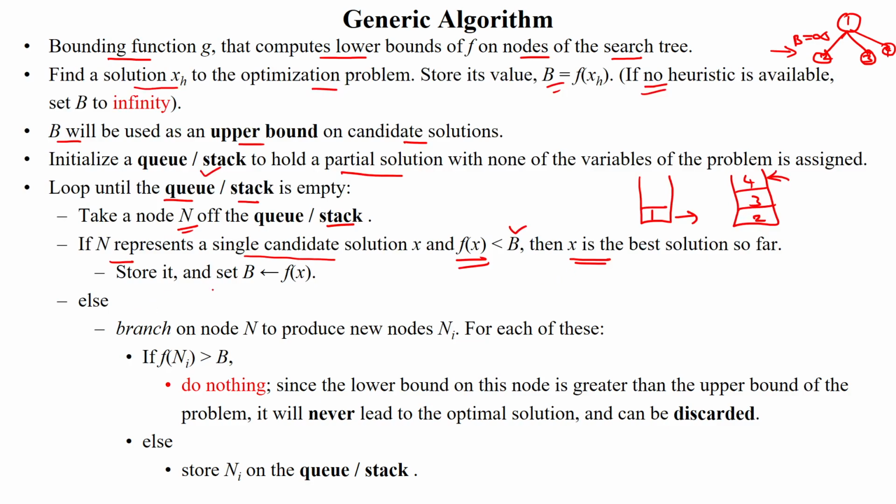If it is the best solution, then you store this calculated bounding value into the bounding variable b. Else, if it does not provide a candidate solution, we have to go for a new path, new nodes. It will create new nodes from the new branch.